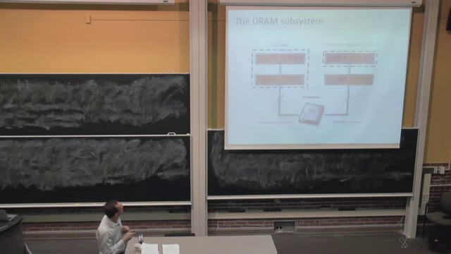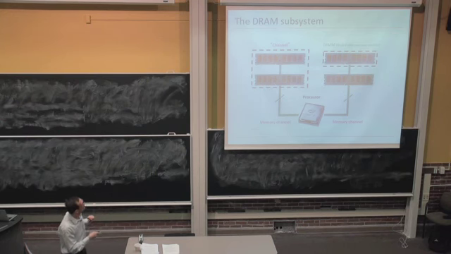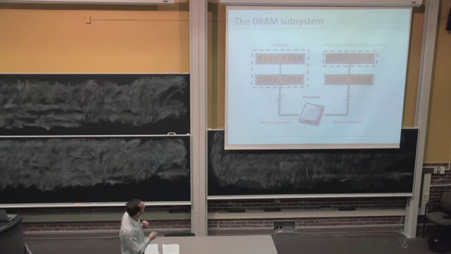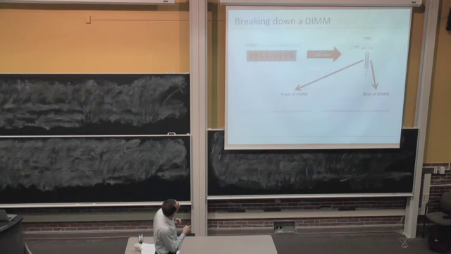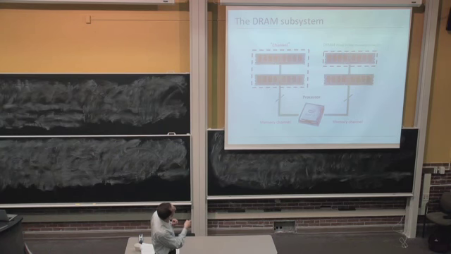Okay. So top-down view. Basically, this is what you would see in a real system. There are multiple memory channels in a multi-core processor, and these are connected to multiple DIMMs. So this is a DIMM. I'm going to break it down hierarchically.